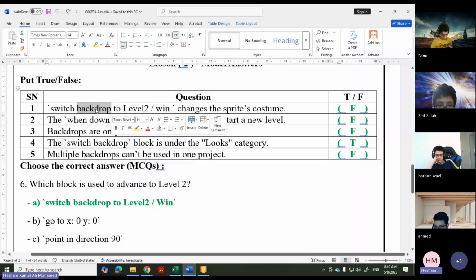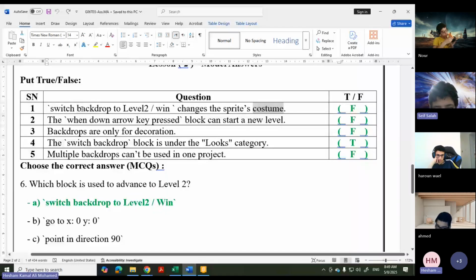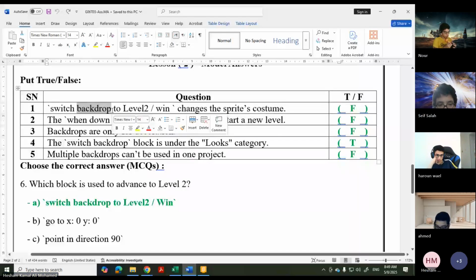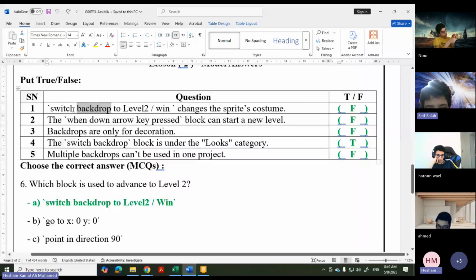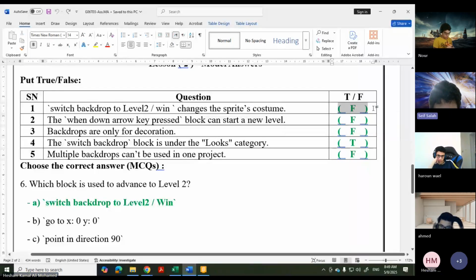When it says it changes the sprite's costume, is that true? If I'm switching backdrops, I'm switching the background itself. It's not changing the sprite costumes. That's why the answer is false.